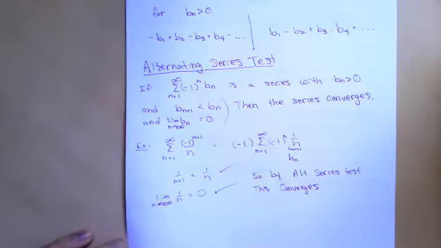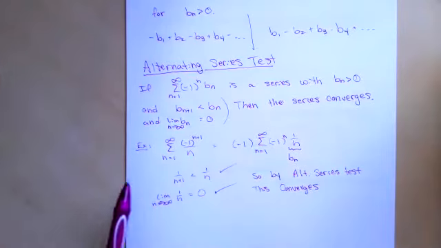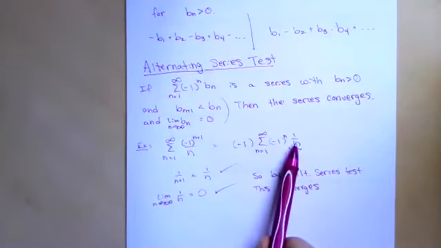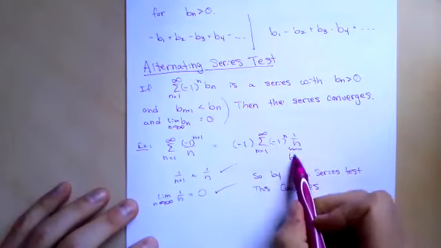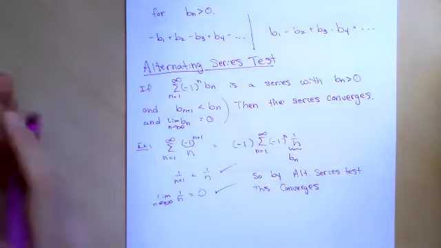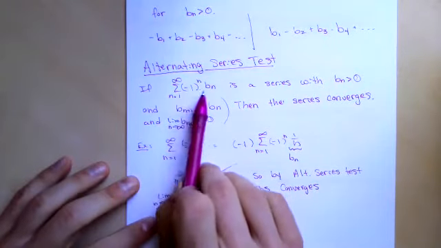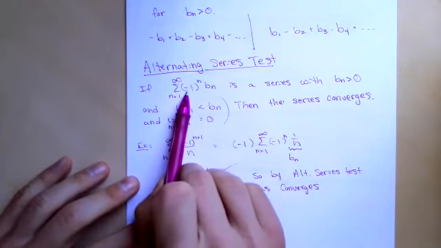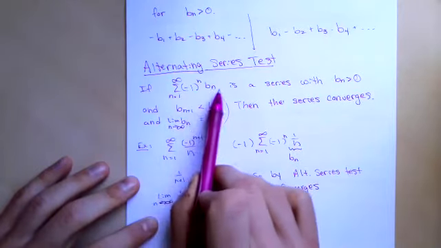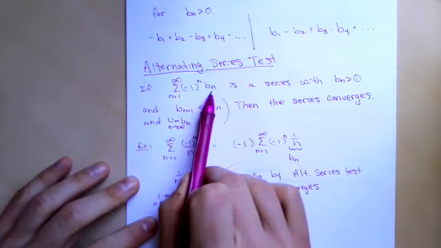Well, that's the whole point, we're factoring out that negative part. The decreasing part is only on the non-alternating part. So our bn is just 1 over n. We're considering the series as a product of two things. One is the minus 1 to the n, which creates the alternating, times some other sequence.